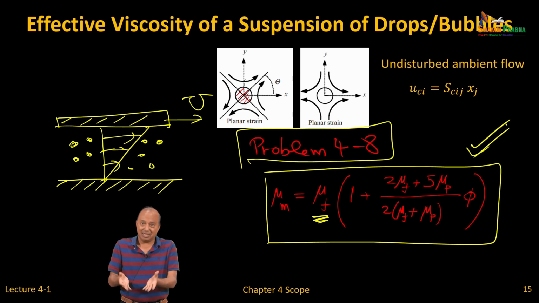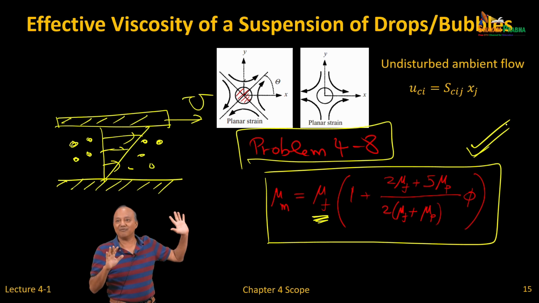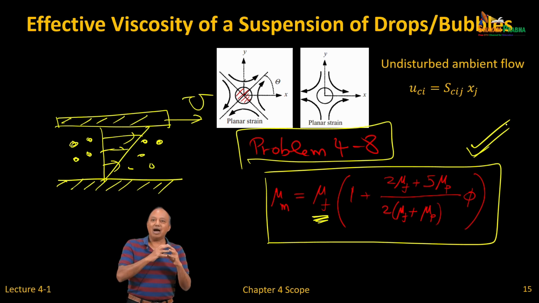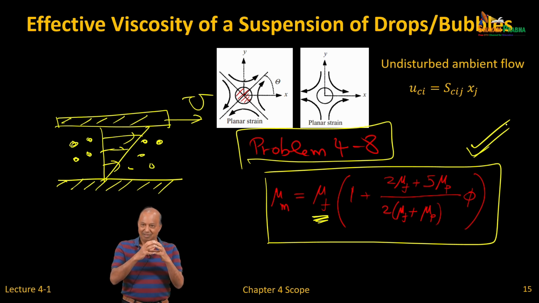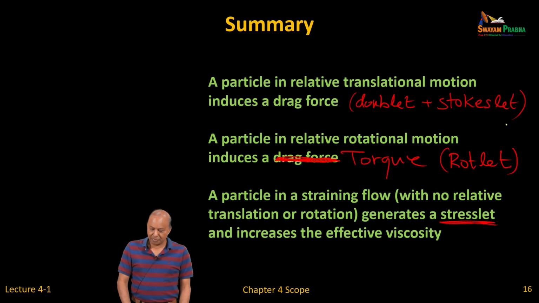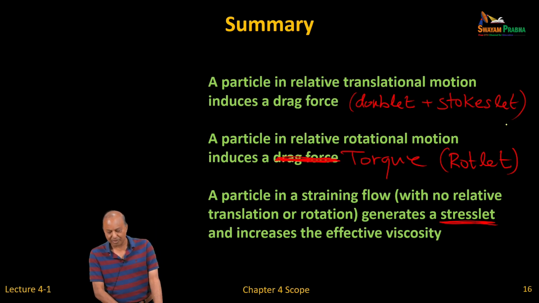Somebody has sat down and solved that problem and summarized the result in this beautiful formula. The only assumption they make is that the droplet or bubble is of a fixed size and remains spherical, with no deformation.